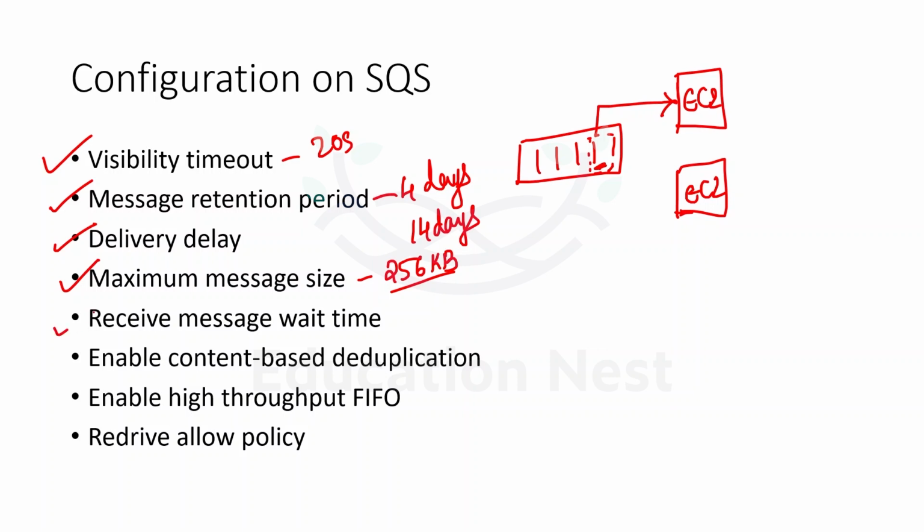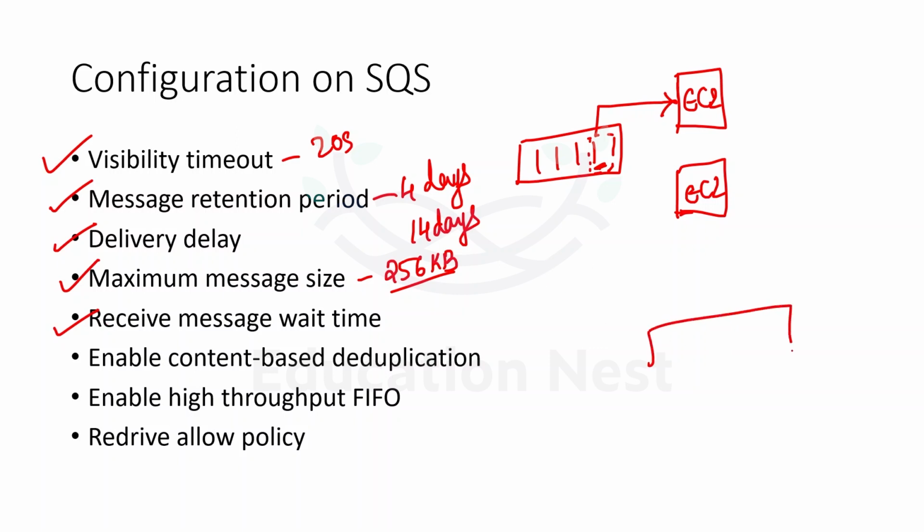Then there is receive message wait time. This is the maximum amount of time that SQS waits for a message to become available after the queue gets a receive request. Over here we talk about long polling and short polling. What is long polling?